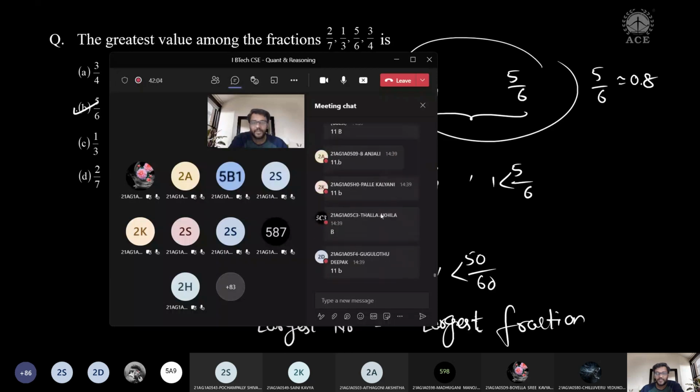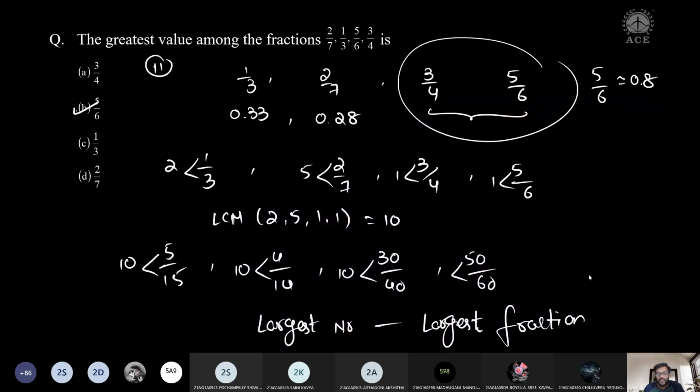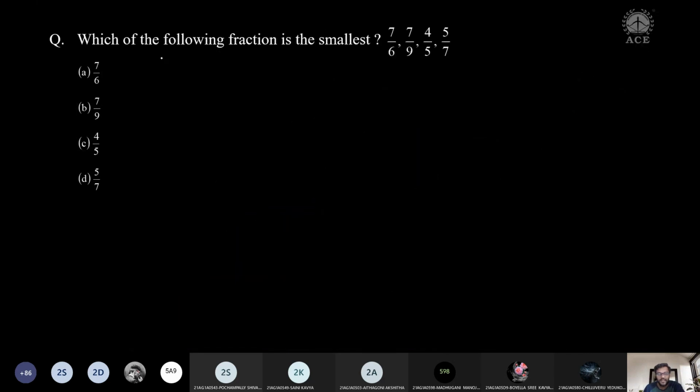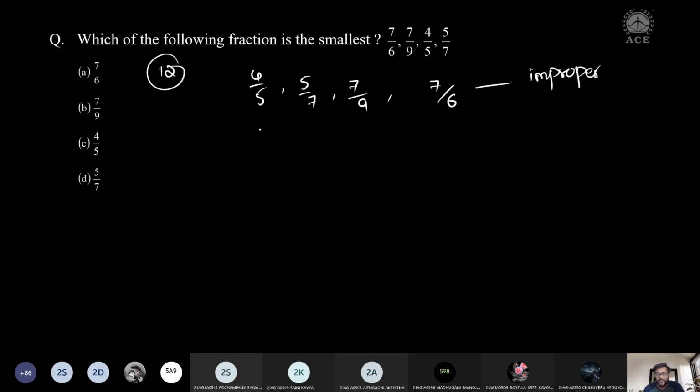See the next question, the 12th one. Smallest one they are asking. Here, 7 by 6 is an improper fraction. It's greater than 1. These are proper fractions, less than 1. A proper fraction is one with numerator less than denominator, which is less than 1. An improper fraction is greater than 1, where the numerator is more than the denominator.